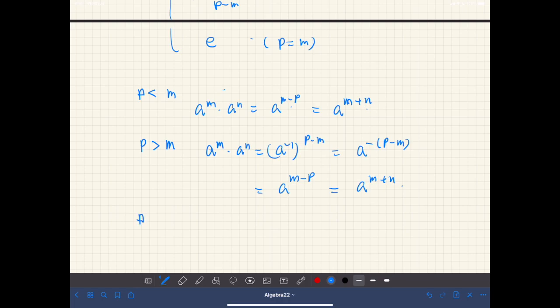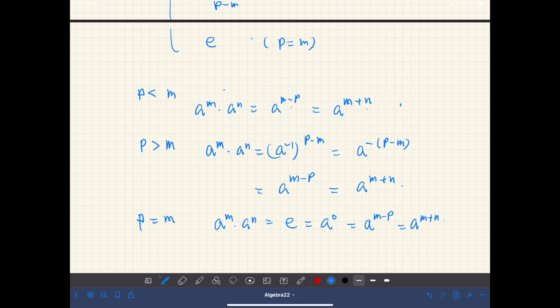And when p is equal to m, we have a^m times a^n equals e, which is a to the power of 0, which is a^(m-p), which is a^(m+n).